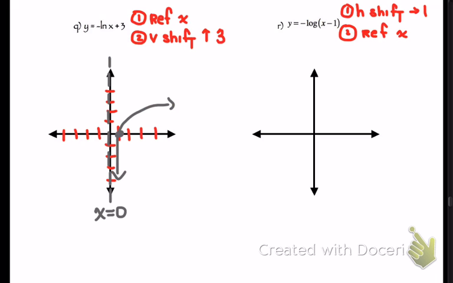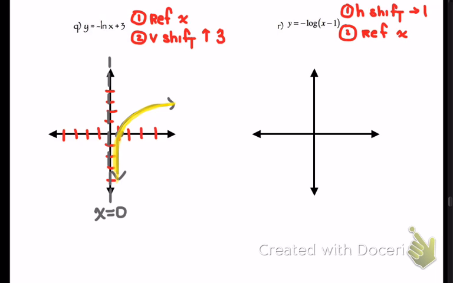Q, all right. Notice there is my parent function. I'm going to do a reflect x. So I think when I reflect x, watch what happens. Here is my original parent function. Right, there it is.